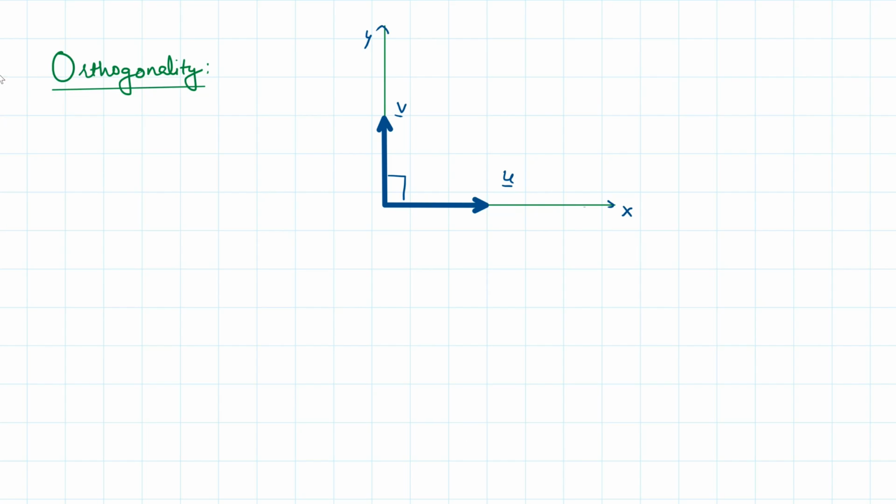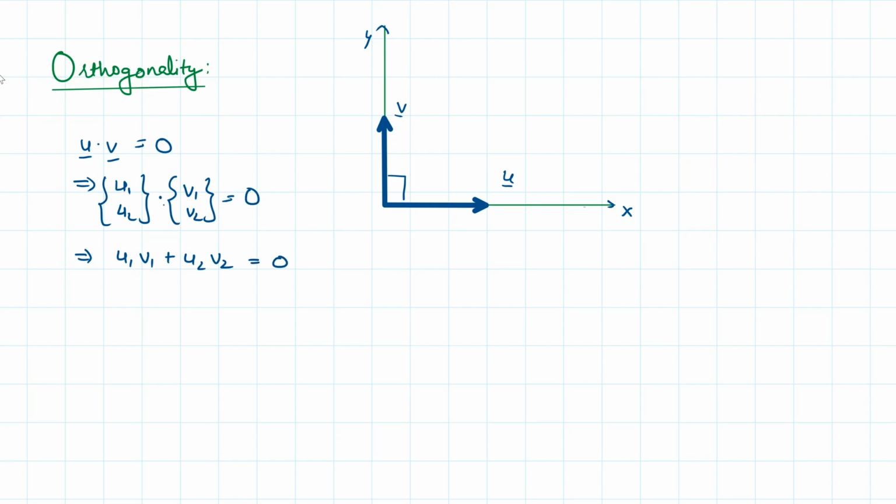For any vectors u and v to be orthogonal, their inner product, or the dot product, would be equal to 0. Expanding on that, if our vectors are defined by their components, then I can write the dot product between these two vectors as u1 v1 plus u2 v2 equal to 0.